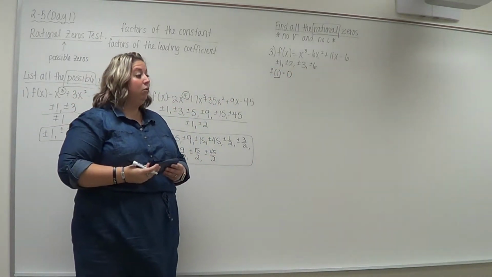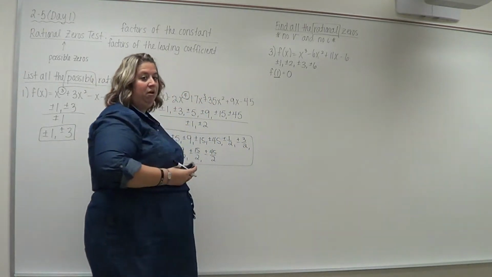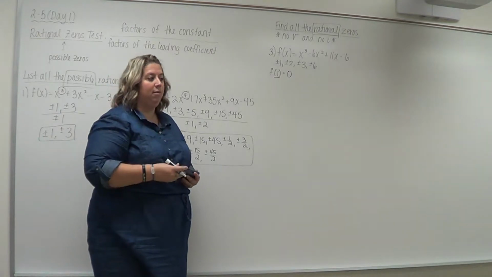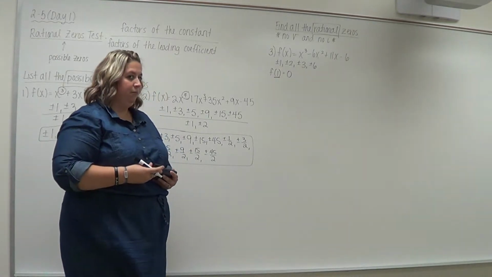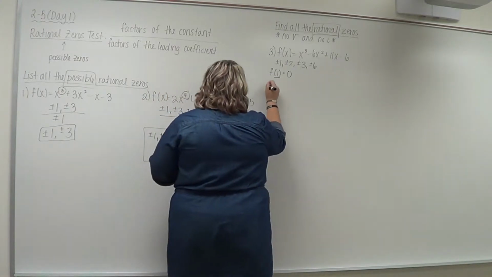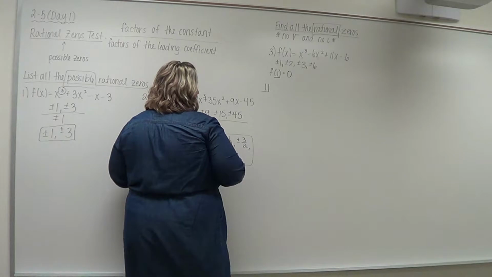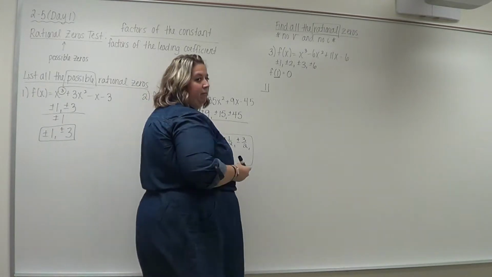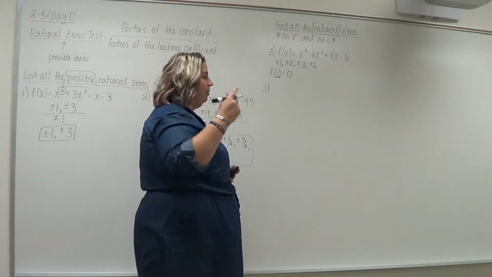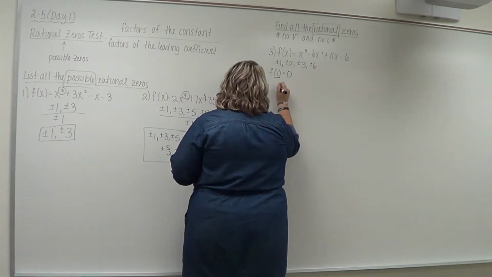If it doesn't work, then you go try a different number. So you keep plugging in until you find one of the numbers that works. After you find this number, you do synthetic division with it. Hopefully it should be a reminder, racking your brain from Algebra 2. So this goes on the outside and you list your coefficients.